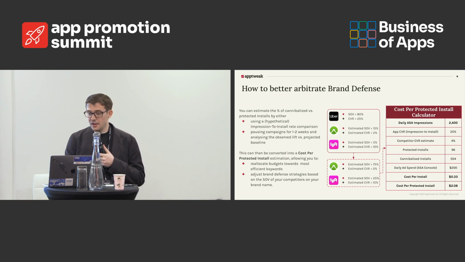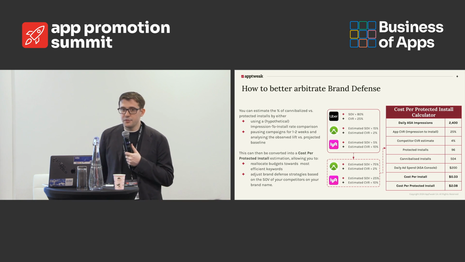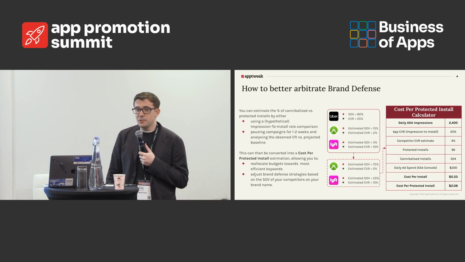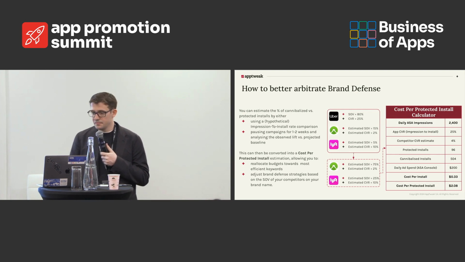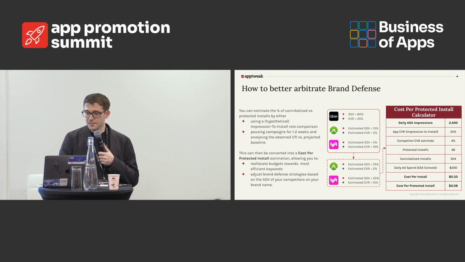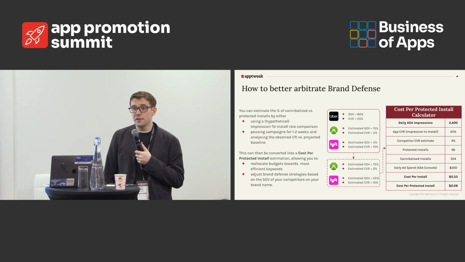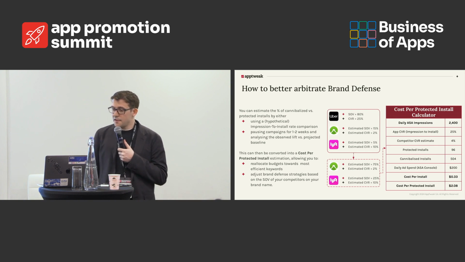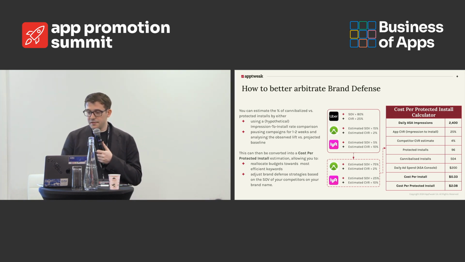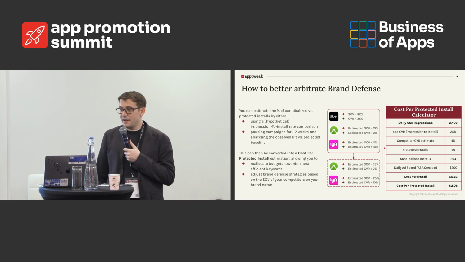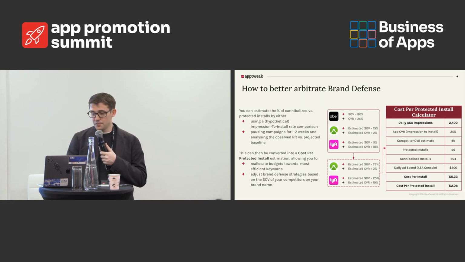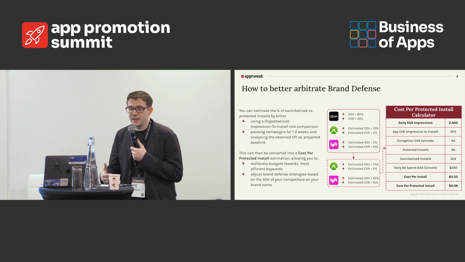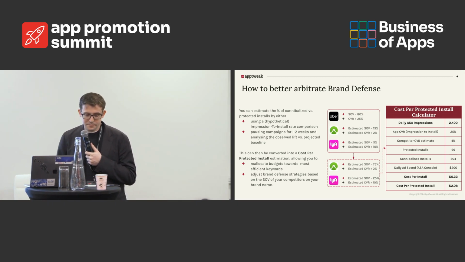And the answer is, I can do a weighted average for their CVR in my estimation and see that they will be taking 96 installs. 96 installs, that means that I still have 504 that I'm basically cannibalizing in this theory. And so if I now divide my daily ad spend by not the number of installs overall, but just the number of protected installs, I'm seeing my cost per protected install is at 2.08.